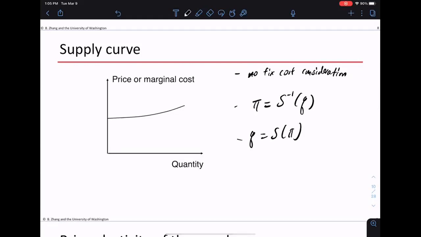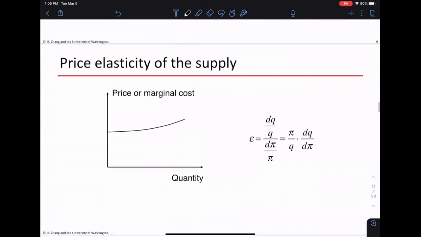Given a quantity, this is my cost or my price. Given a price, this is my quantity. So this is the supply curve. We also have some price elasticity of the supply. The supply is not exactly horizontal; it's normally an increasing function, with some elasticity associated with it.